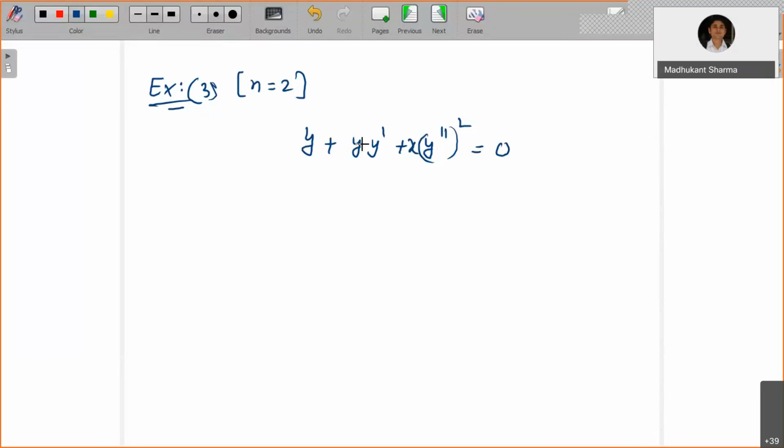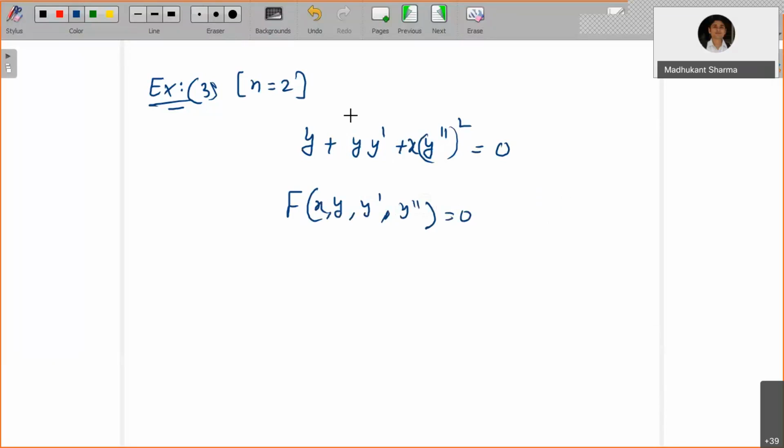If you look at this, it is some function of x, y, y dash and y double dash equals to 0. So this is also an ODE. It is not restricted that you cannot multiply y and its derivative, or put multiplication among the derivatives. That is also possible.